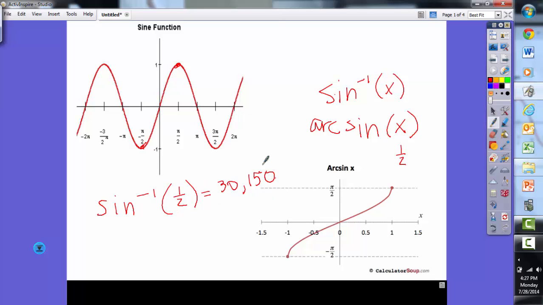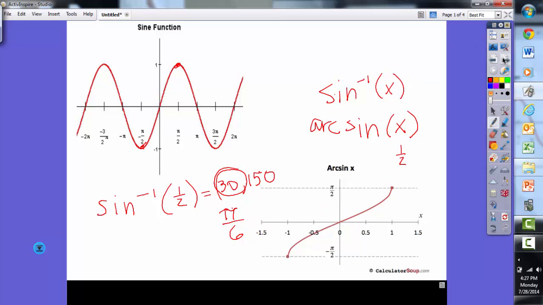The problem is these are not in the range of the arc sine function. So if it says sine -1 of 1/2, your answer is only 30 degrees or pi over 6, which is right in here somewhere. Hopefully that makes sense to you.